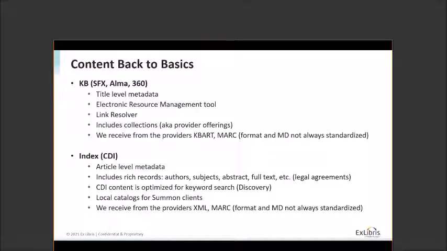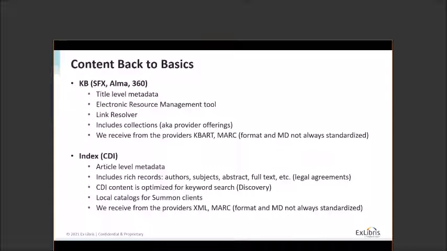When I'm talking about articles, I'm also talking about book chapters, patents, standards, newspaper articles, and the index is much more flexible in terms of content types that we can include in it.